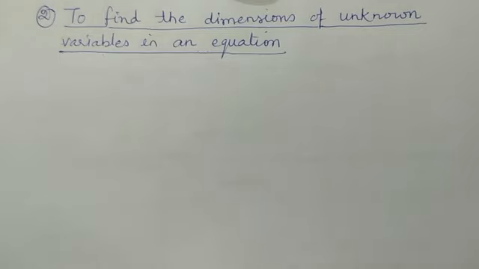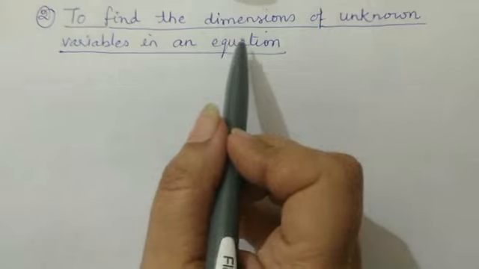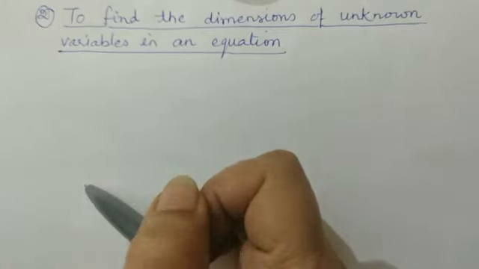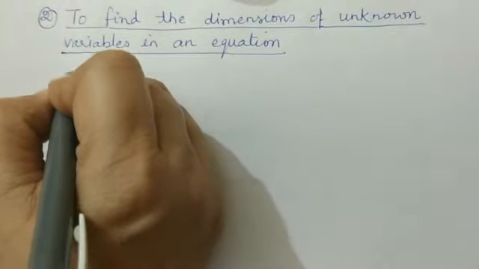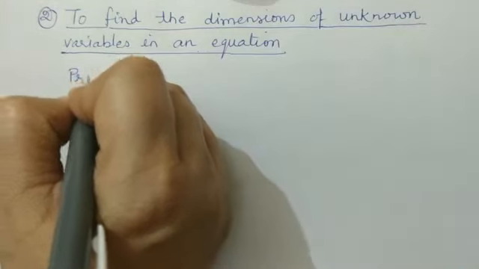The second application of dimensions is that we can find the dimension of an unknown variable in an equation. For this, we use the principle of homogeneity.